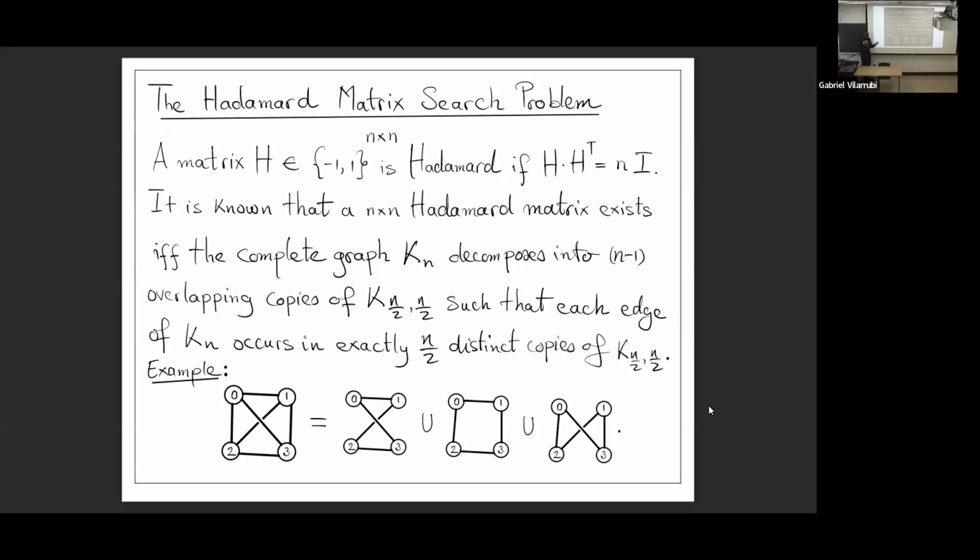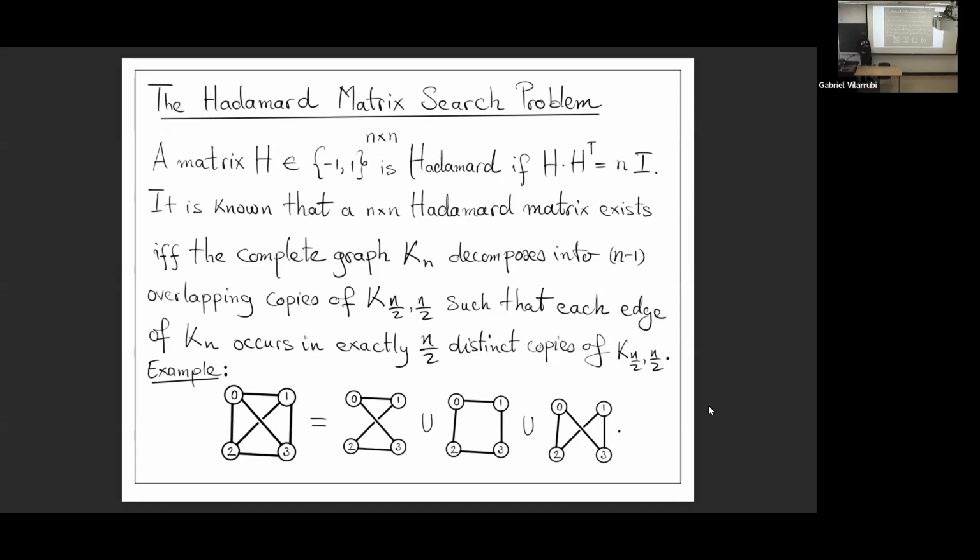And when I say orthogonal, I mean you multiply by the transpose, you get n times identity. We do not know how to prove this conjecture. And it's surprising, we tried very hard. There are some families of multiples of 4 for which we know the answer. But there are some relatively small multiples of 4 for which we have not found Hadamard matrices. So this is a very hard problem.